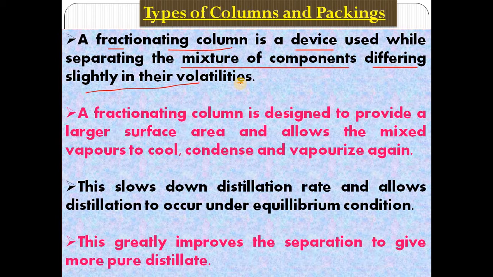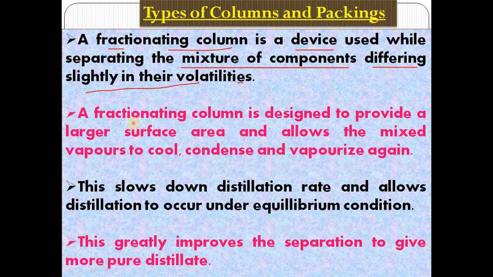That is, when two liquids differ only slightly in their boiling points, we carry out fractional distillation and use a fractionating column. In simple distillation no column is applied, but in fractional distillation we apply a fractionating column.